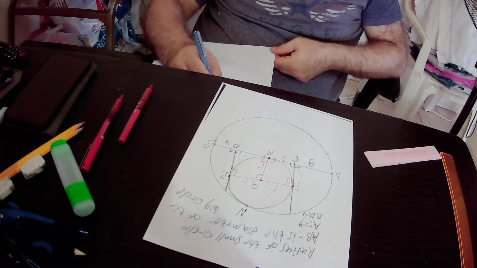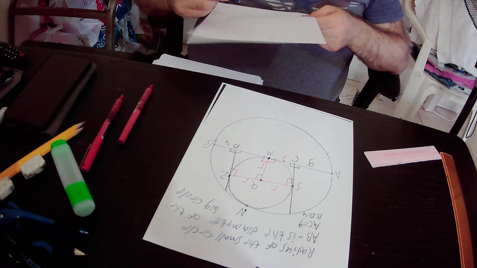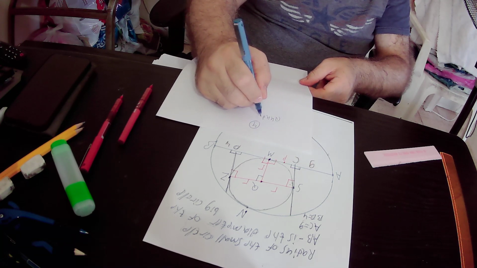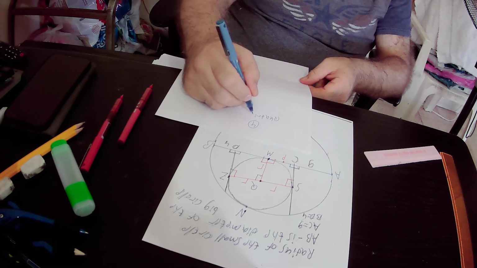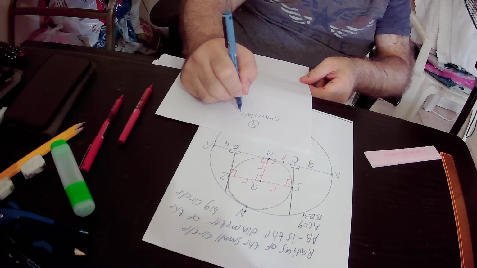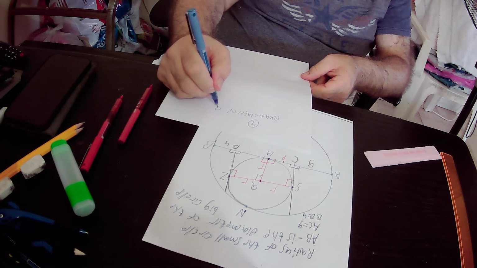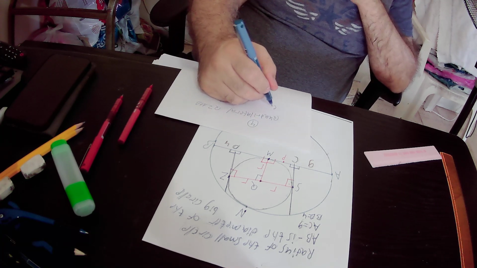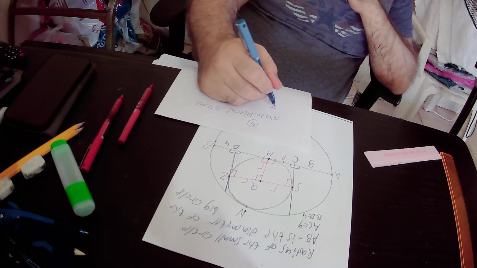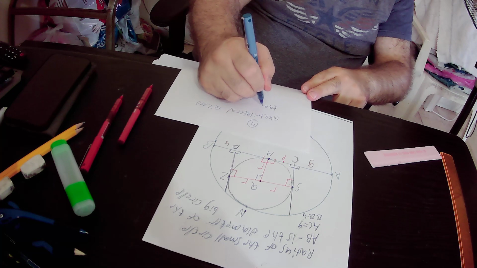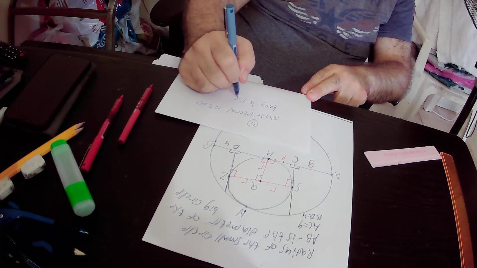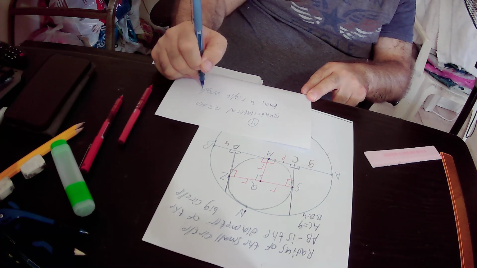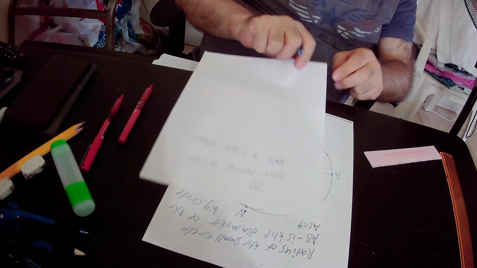Again, quadrilateral QZMD has 4 right angles, and we have rule number 3.